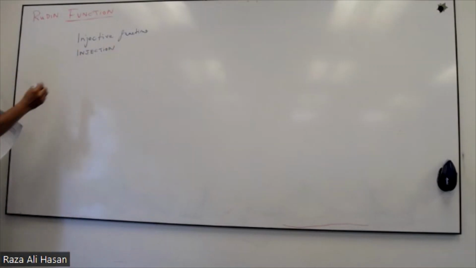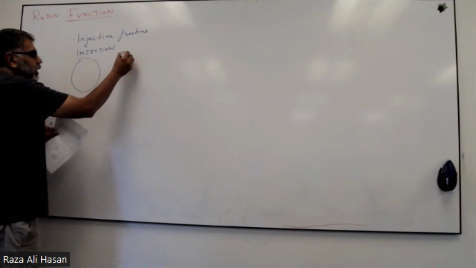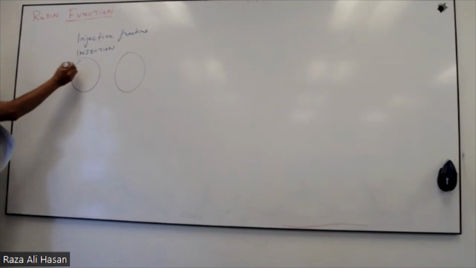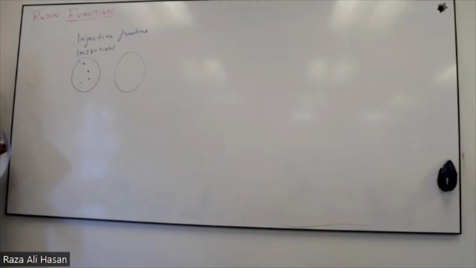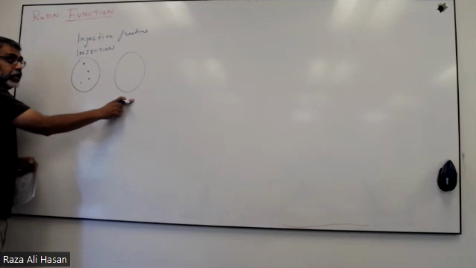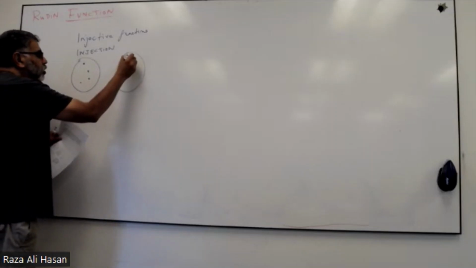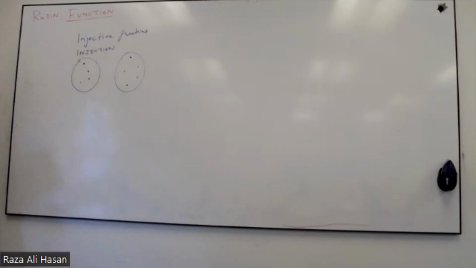Okay, so we've got a set here, and we've got another set here. And we have 4 elements here represented by these dots. And we have a function that takes these elements from the domain into the range. And let's see, how many did they put here? So we've got 1, 2, 3, 4, 5. All right.